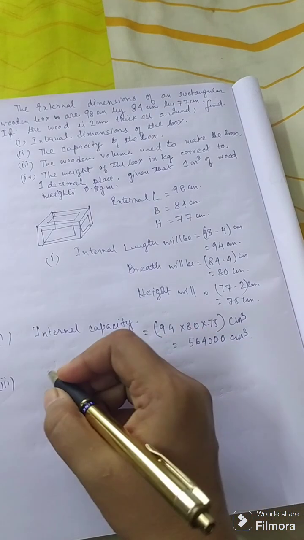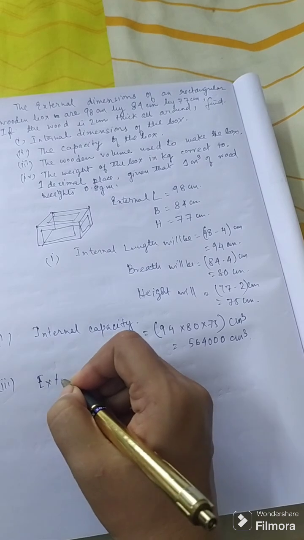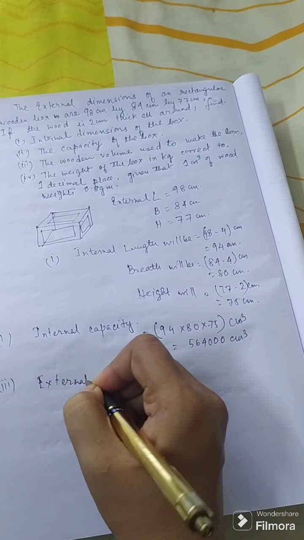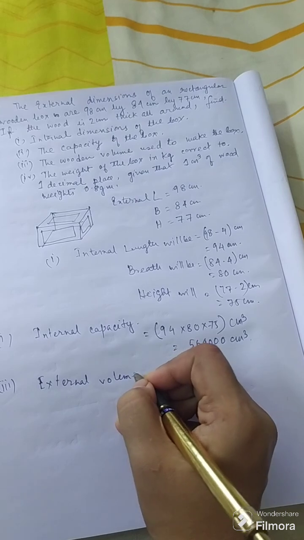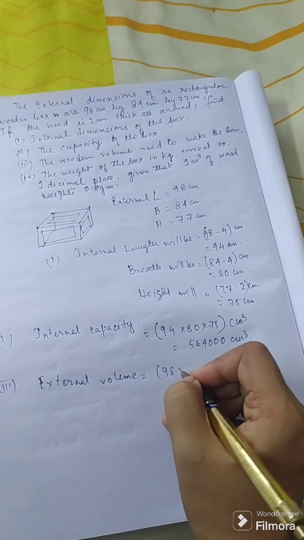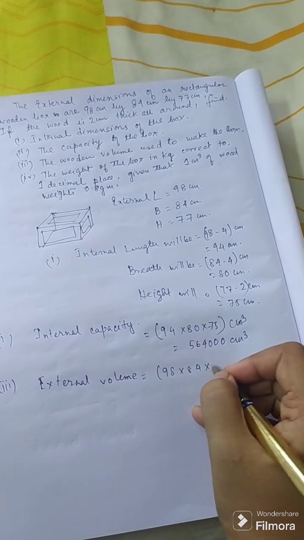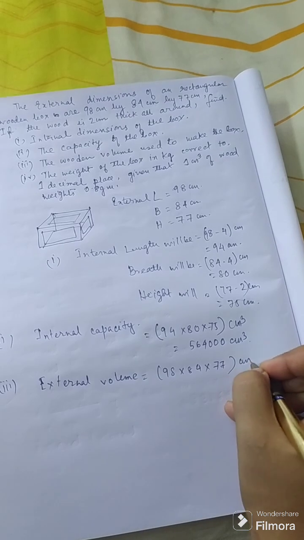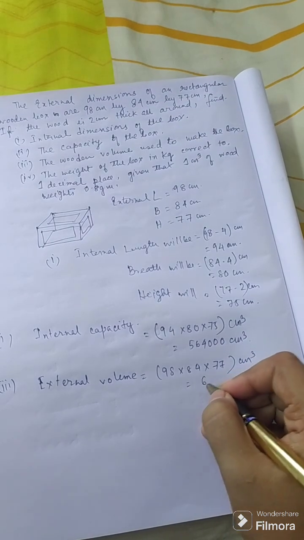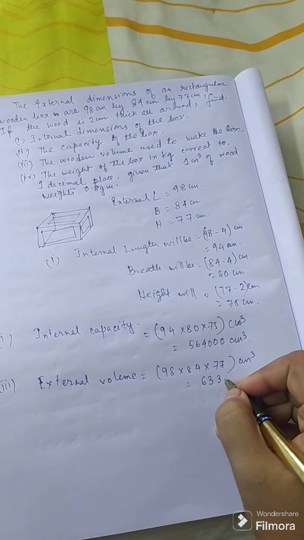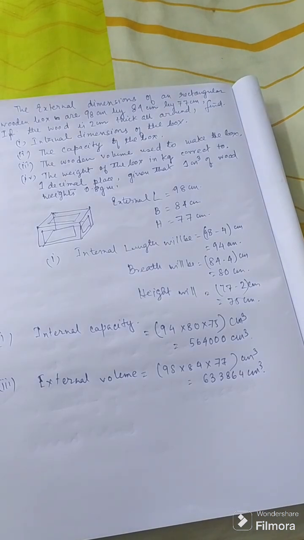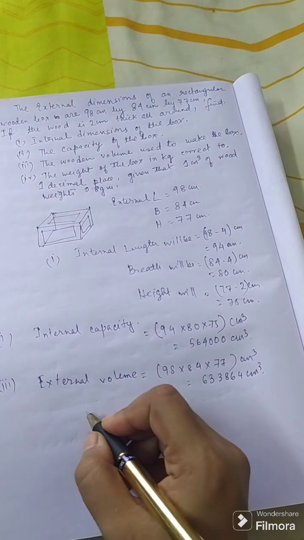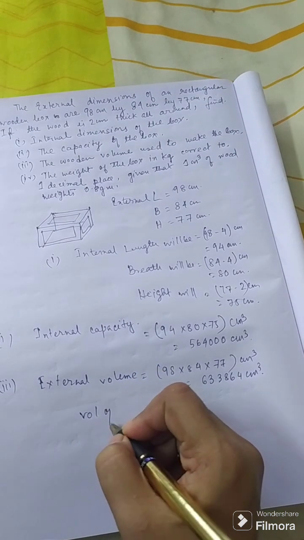So first of all we have to find the external volume and then subtract. External volume or capacity will be 98 by 84 by 77 centimeter cube, that will be 633,864 centimeter cube.